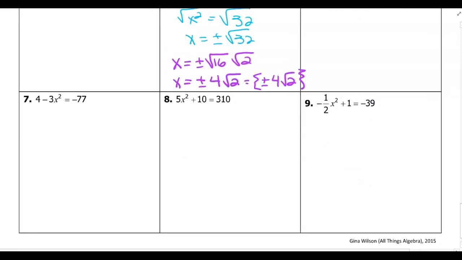Number 8. This time we're subtracting 10 from both sides. So you get 5x squared equals 300. Divide both sides by 5. We get x squared equals 60. Take the square root of both sides.